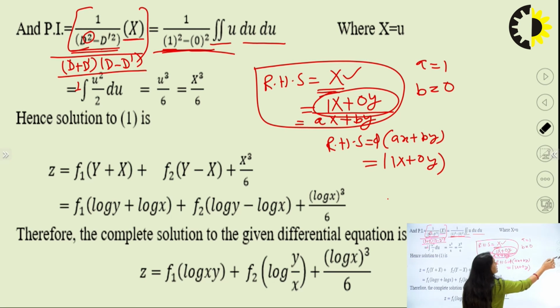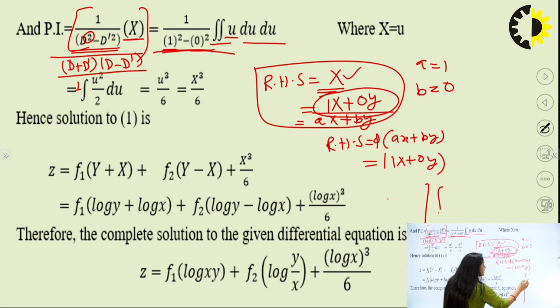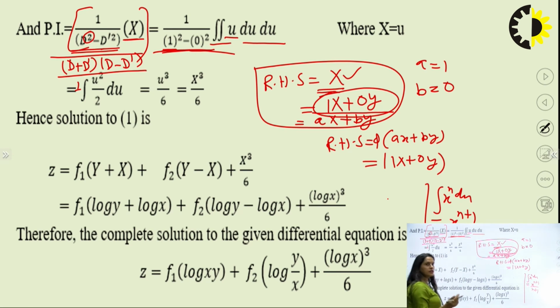Here I will get 1 into integral of u square upon 2 du, because once we integrate, we get u square upon 2, as the formula of integration is integral of x to the power n dx is equal to x to the power n plus 1 upon n plus 1. So if n is equal to 1, we will get u square upon 2 du, and on integrating once again we will get u cube by 6. What is u? u is nothing but X, so we will get X cube by 6.